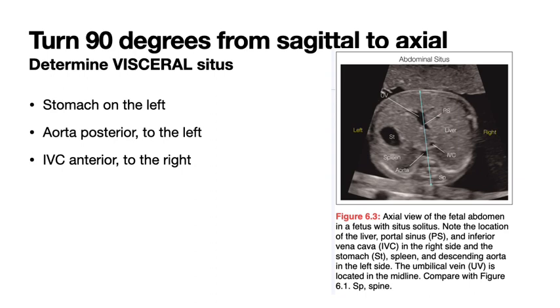And the answer is you turn 90 degrees so that now you're in an axial view and you are down in the abdomen. The upper part of the abdomen, just beneath the diaphragm, just beneath the four-chamber view. What you should look at is the stomach's position, but really the main thing is the position of the aorta and IVC.